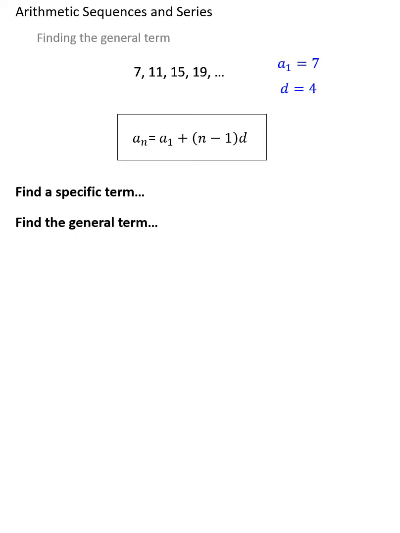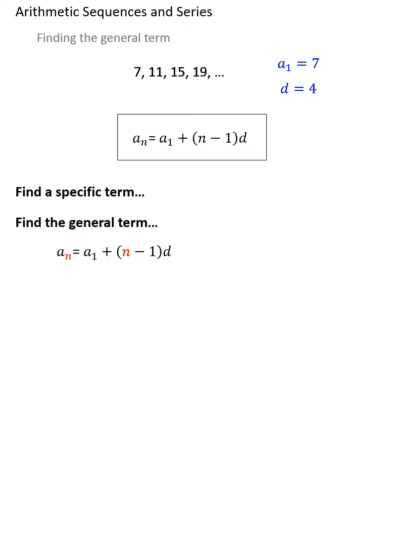Let's now take that same sequence, but instead of finding the 10th term specifically, let's find the general term. Now in doing so, I'm going to take my same formula for arithmetic sequences and series, and this time, where the n's are, I'm not going to plug in anything specific, because I'm trying to find the general term, which is going to be a formula as a function of n.